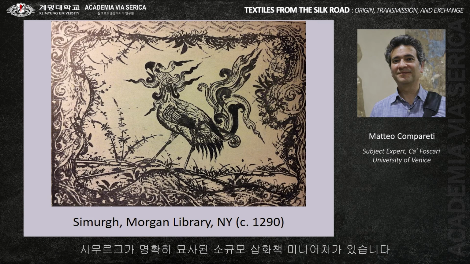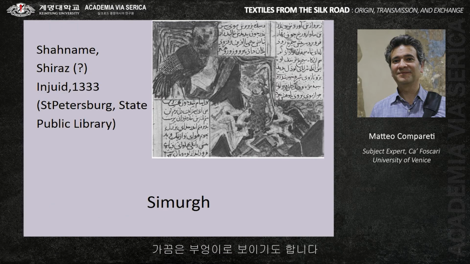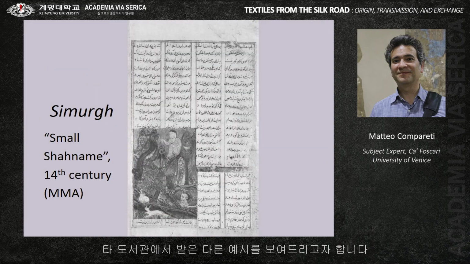But there are some very few, a small group of miniatures, of book illustrations, where we have a clear representation of Simurgh, because he's always accompanied by inscriptions, and he's always a bird. And he's not exactly the Chinese one. Sometimes he looks like an owl. Showing you different examples from different libraries.